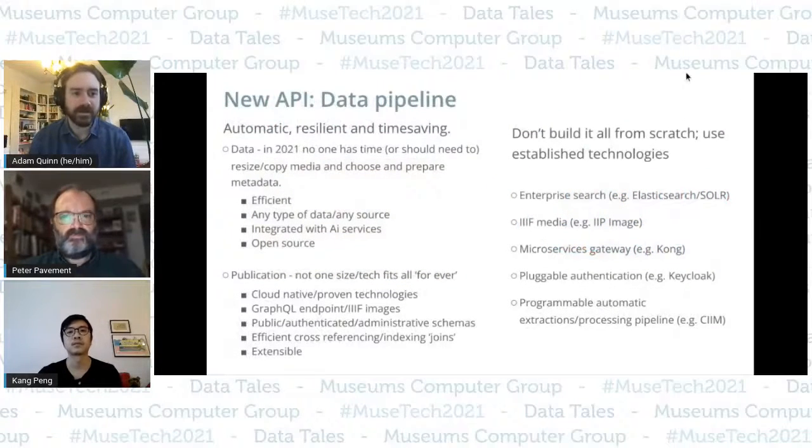So our new API all relies on a really wonderful pipeline that I hope Rob can tell you lots more technical details about once we get into it, because he spearheaded it. But basically, in 2021, no one has time to resize or copy media.